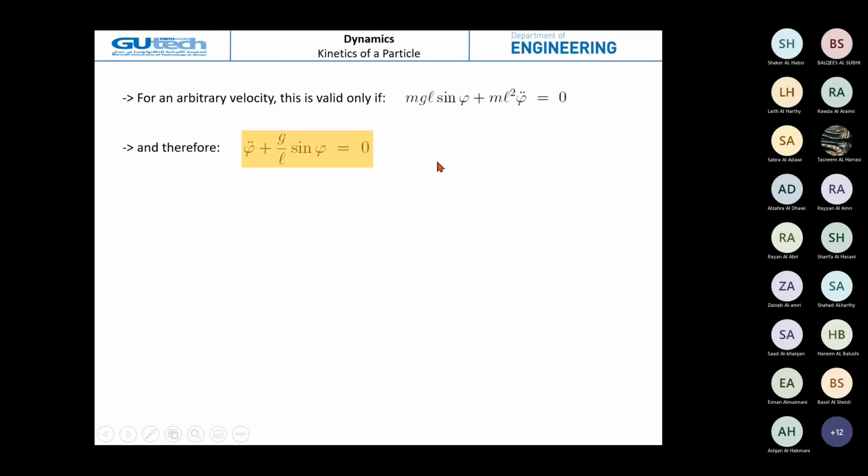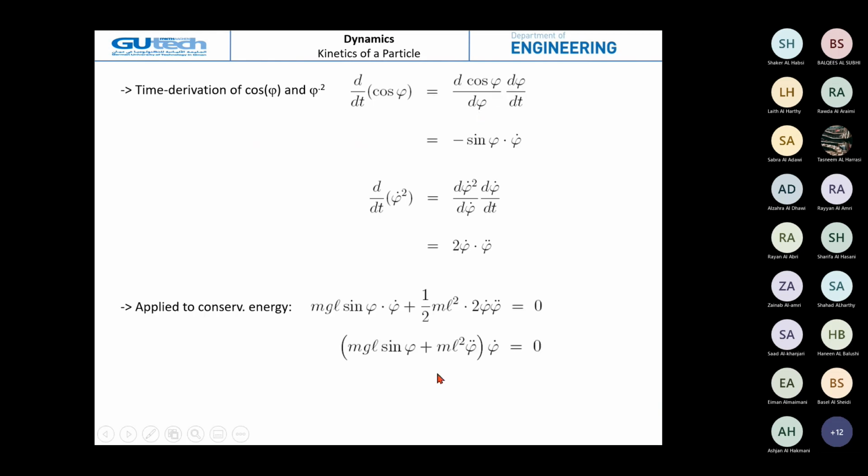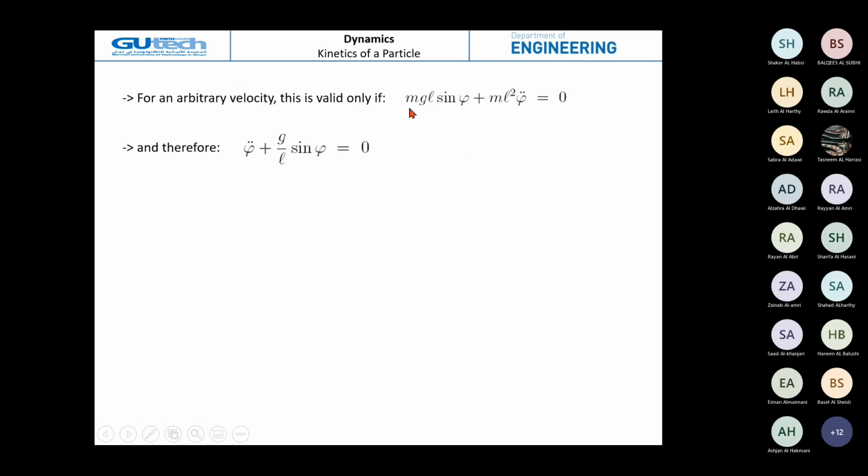For an arbitrary velocity, this is valid only if the first term is equal to 0. Then we have the following relation, and therefore we get the differential equation: phi double dot plus g divided by L sine phi equal to 0.